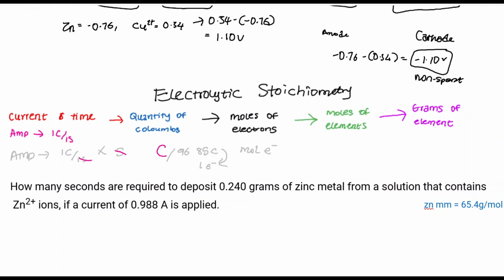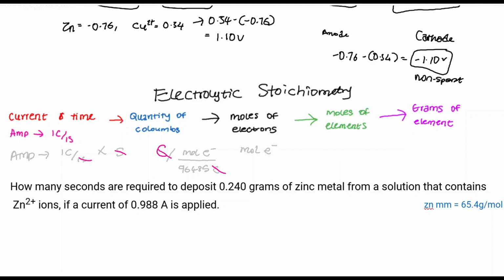I'm going to rewrite it all. So we put it this way: mole of E divided by 96485 coulombs. Now the C's cancel out and you're left with moles of E as the unit. Now you have moles of electrons.